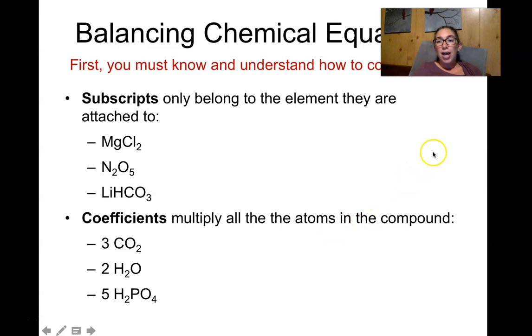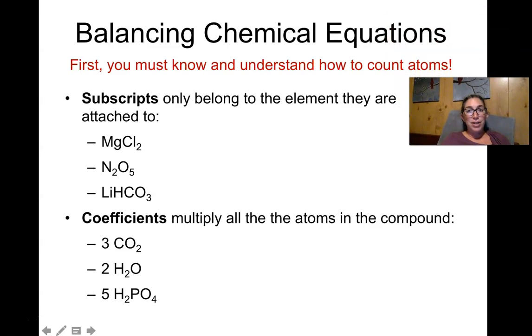Just a quick check that you know how to actually count atoms. So that's kind of critical in being able to balance equations. All right, so remember the subscripts, these little numbers next to the elements, only belong to the element they're attached to.